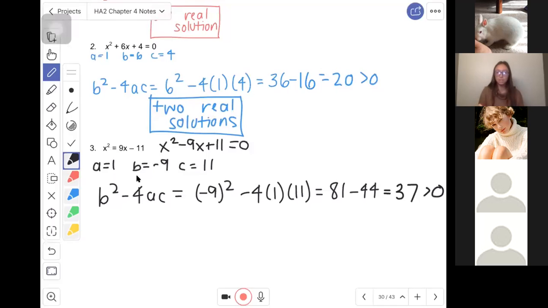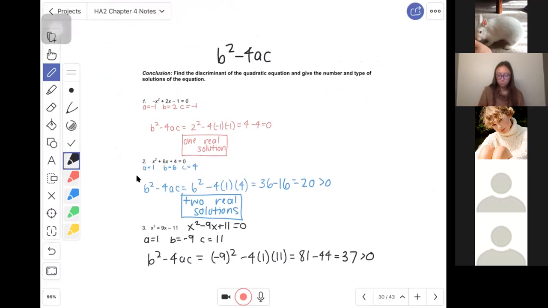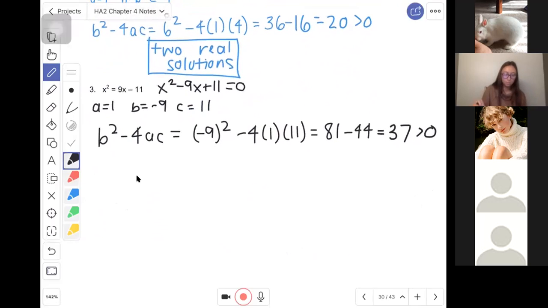So look at the chart at the top of the page. Or on the previous page, my bad. When that discriminant is positive, that means that number inside the square root is positive. So we're going to have a plus or minus.